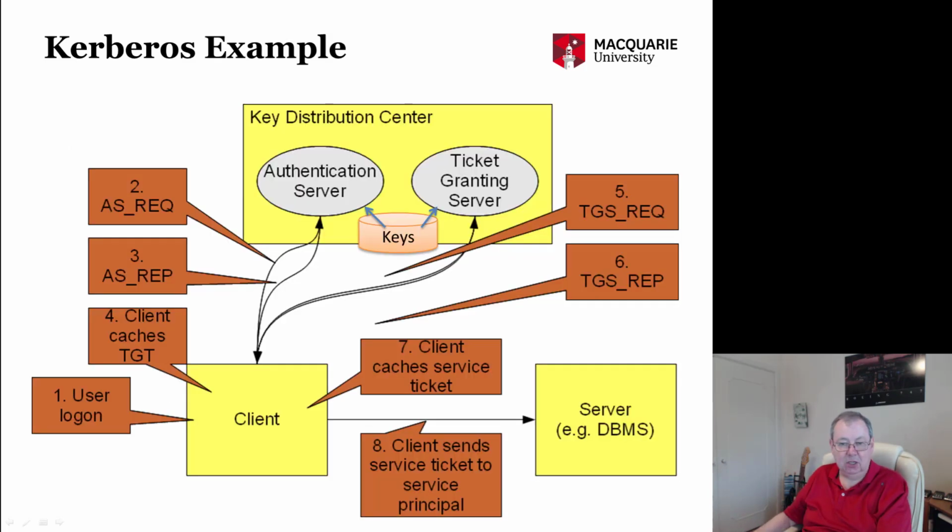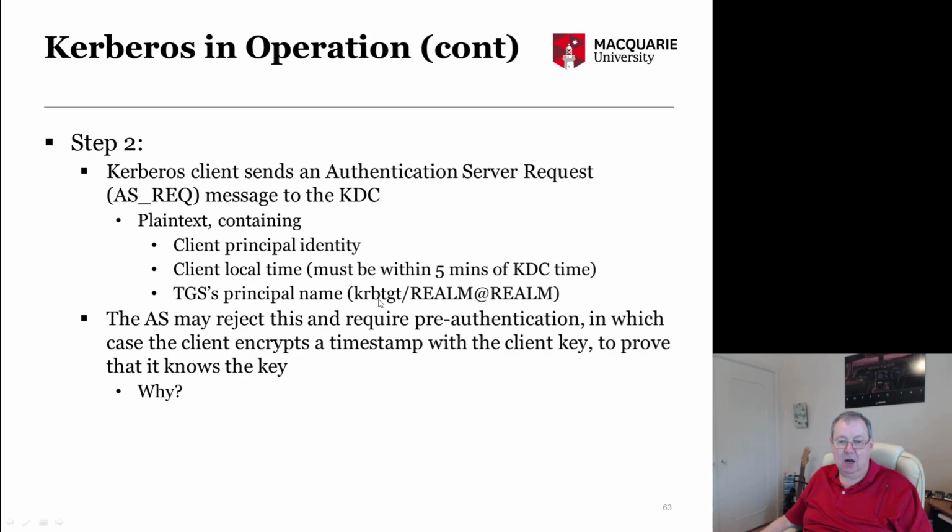Remember, the ticket granting server is also part of the KDC. So it's got a principal name, which is krbtgt/realm@realm. Now, I'll come back and talk about an extra complication later. We'll just look at this right now.